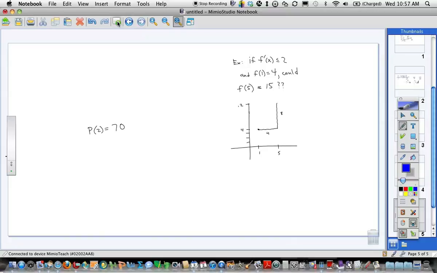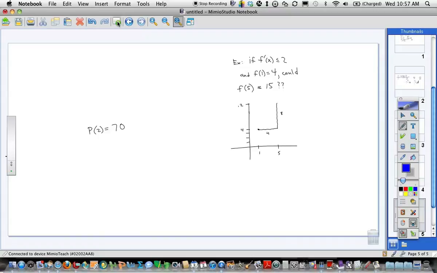If I write, this is that car now, hours and miles, driving east and west of Bismarck. If I write P of 2 equals 70, what is that saying? At 2 hours, 70 miles east of Bismarck, because it's positive.